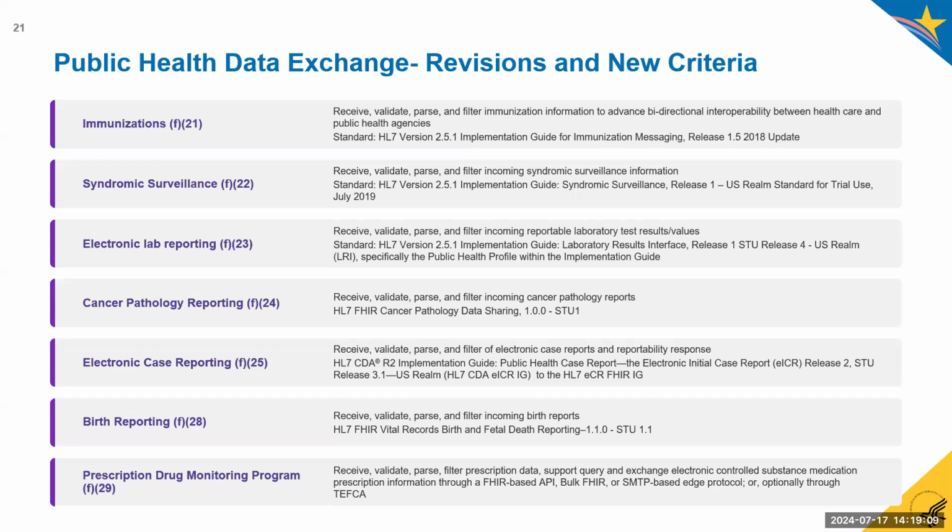And these criteria that live in the F20s, like I mentioned earlier, are for receipt, validating, parsing, and filtering that incoming information. We are pointing to the same standard that was referenced in the F1 through F9 criteria to ensure that there is that corresponding functionality and that the sending and receiving of the public health information will be done adhering to the same standard.